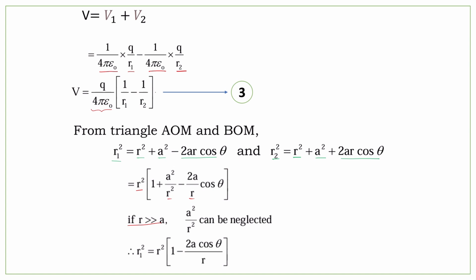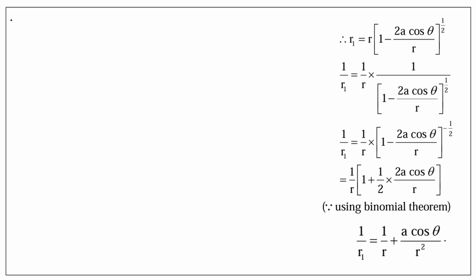Therefore, R1 square is equal to R square into bracket 1 minus 2A cos theta by R. Therefore, R1 is equal to R into bracket 1 minus 2A cos theta by R to the power 1 by 2. On taking reciprocal, 1 by R1 is equal to 1 by R into bracket 1 minus 2A cos theta by R to the power minus 1 by 2.